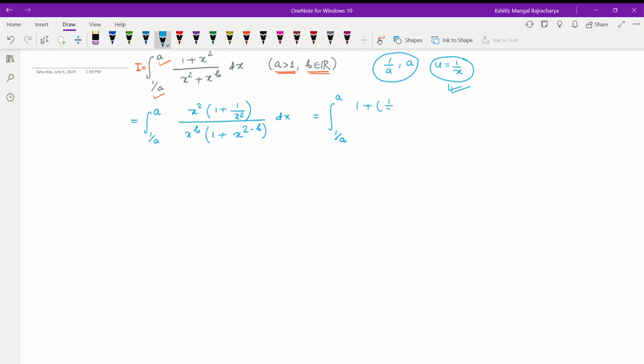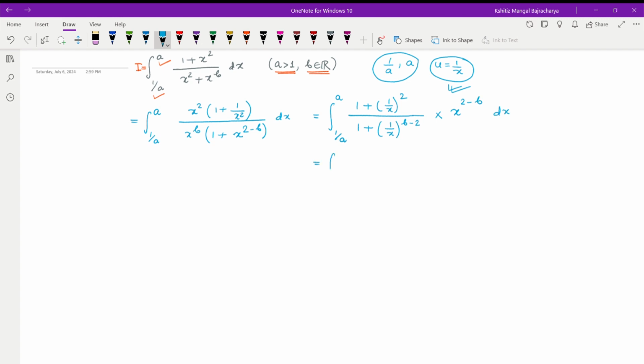In the numerator we get something like this, and on the denominator we're going to get something like this, b minus 2, using laws of indices, and this is x to the power 2 minus b dx.